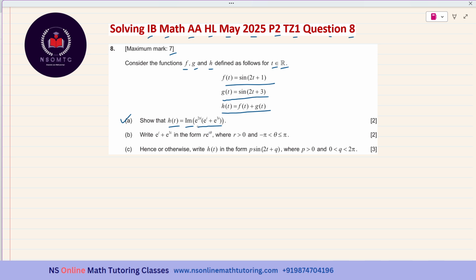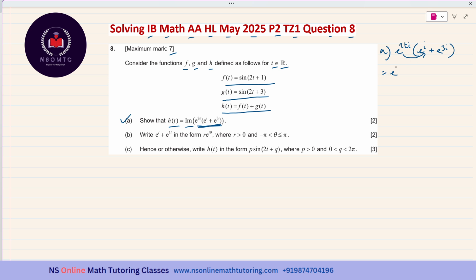Okay, so first of all, let us expand this. e to the power of 2ti multiplied by e to the power of I plus e to the power of 3I. So this will be equal to, I'm multiplying this with this. So the powers will get added, the exponents.